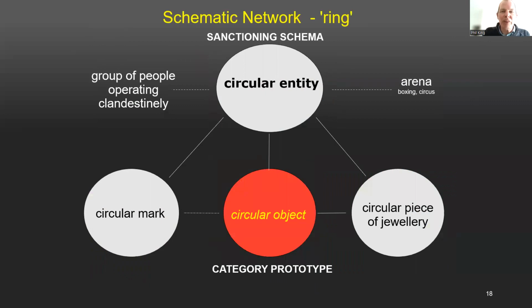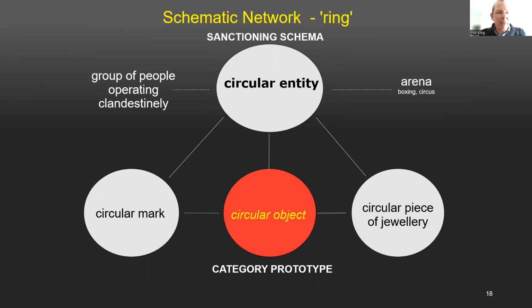How could we model how our mind might structure the concept associated with ring? Well, this is one way of doing it. We might think at the bottom of the page, what is our category prototype? The first thing when we hear the word ring out of context. I might put here some kind of circular object, like a circular piece of jewelry.